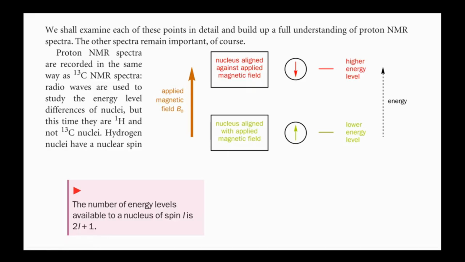So this is the basic principle of NMR spectroscopy. If you have a proton in a lower energy level and you supply energy, it goes to higher energy, and the applied magnetic field is in the direction of energy. So the nucleus can be aligned with the applied magnetic field or aligned against the magnetic field. So that's the first diagram. You should understand it.